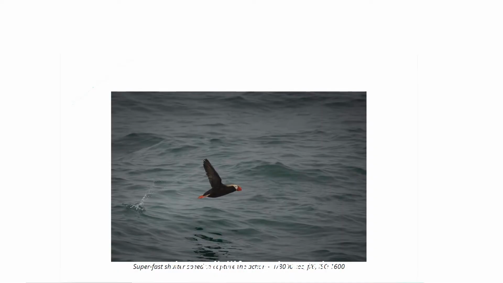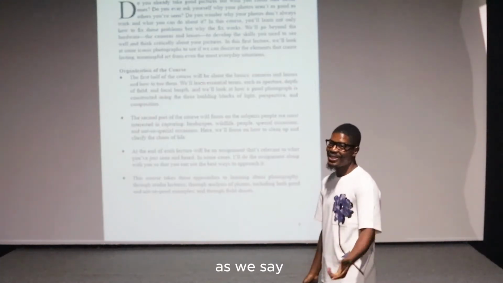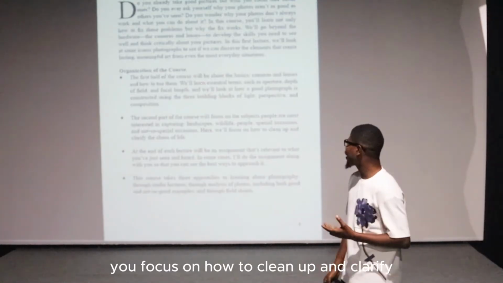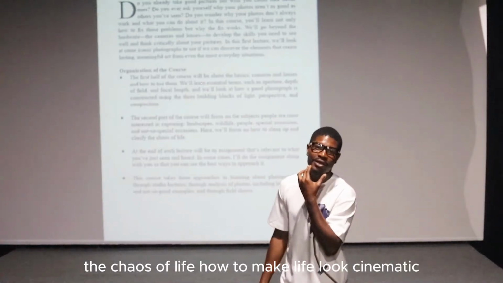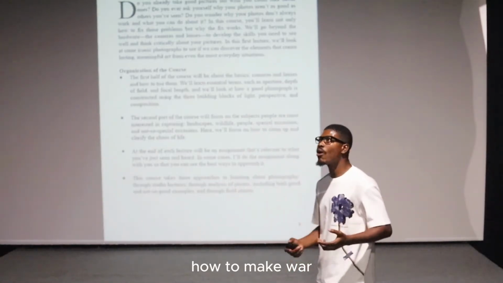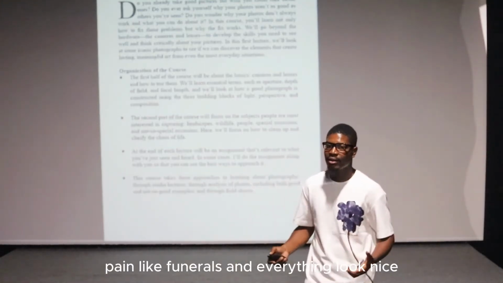Landscapes, wildlife, people, special occasions, and not so special occasions, as we say. You learn how to clean up and clarify the chaos of life, how to make life look cinematic when it still looks terrible, how to make war, pain, funerals and everything look nice.